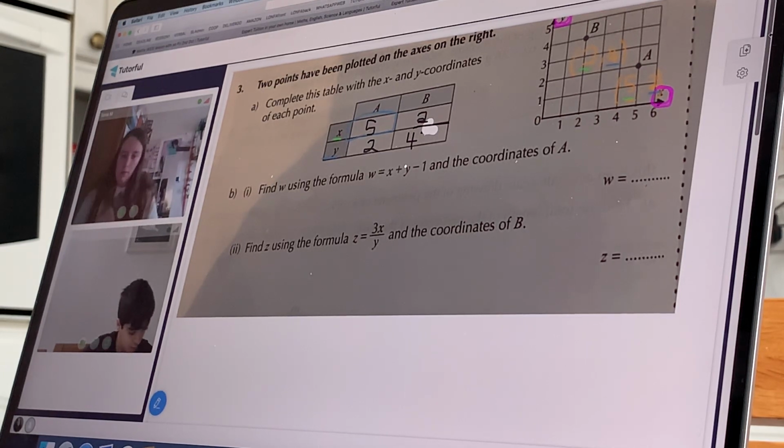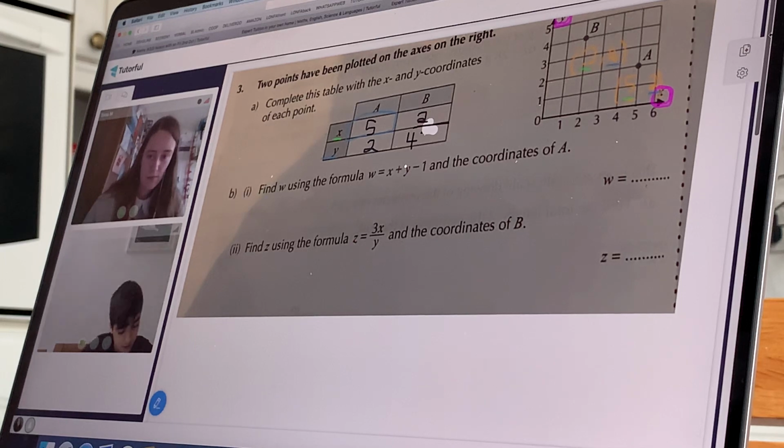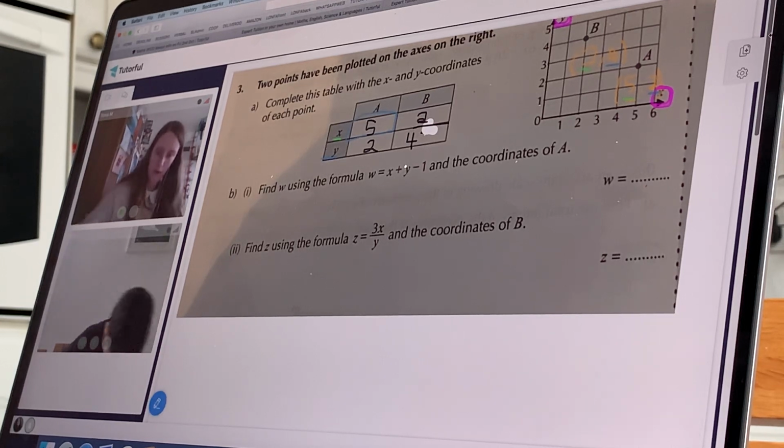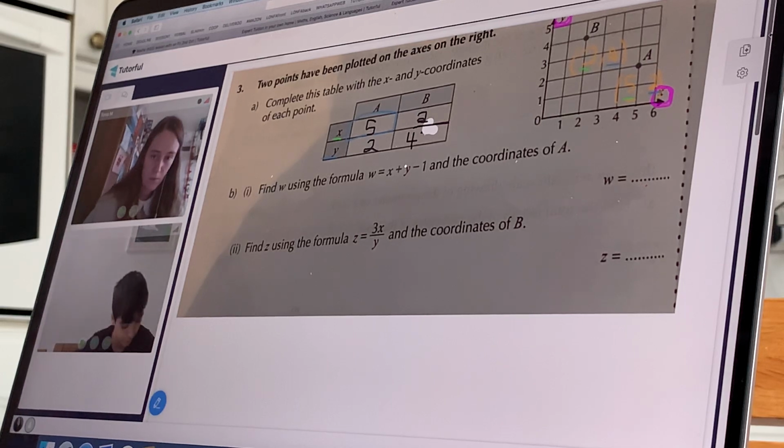Find W using the formula W equals X plus Y minus 1 and the coordinates of A. Okay, how do we do this?